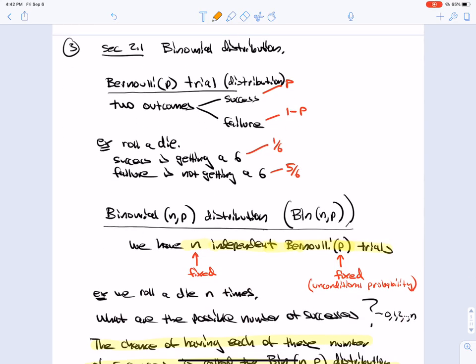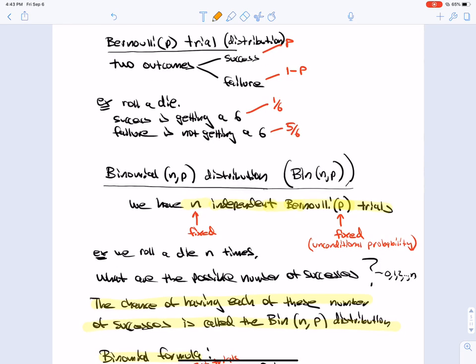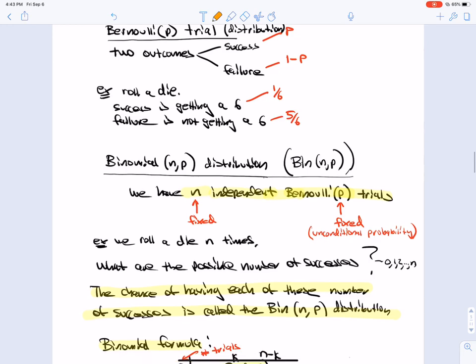We then define the binomial distribution. The binomial distribution consists of n independent Bernoulli p trials, where n is some fixed number, p is a fixed unconditional probability, and a Bernoulli trial has just two outcomes: a success and failure, with the success having probability p.